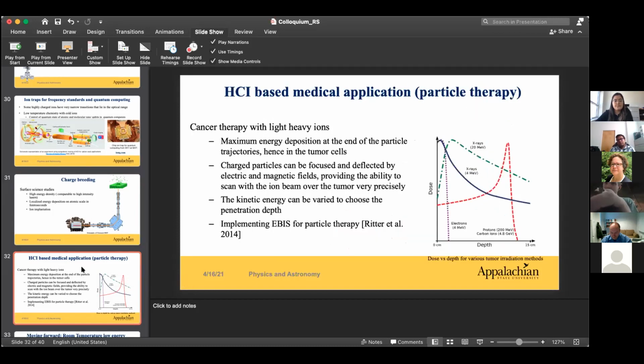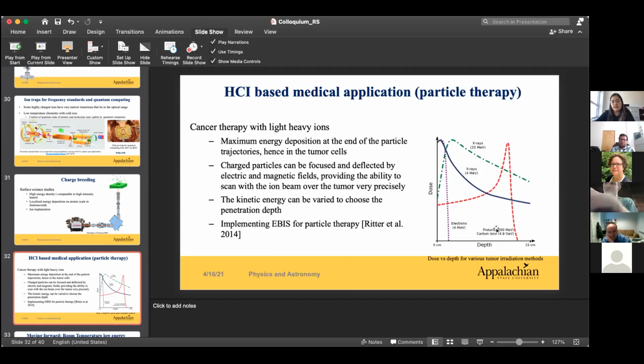There's also been interest in using such devices for particle therapy. The reason is that charged particles, since they can be focused by electric and magnetic fields, give us the freedom to scan the ion beam over tumor cells very precisely.